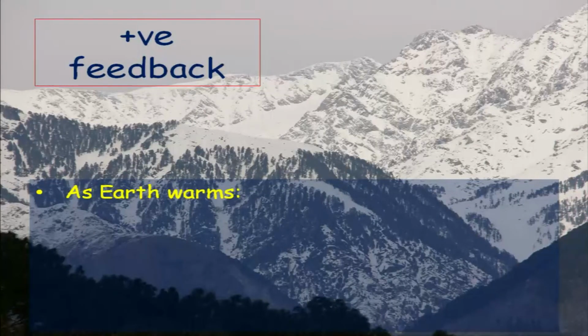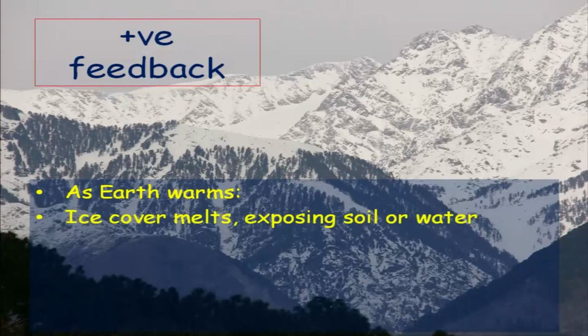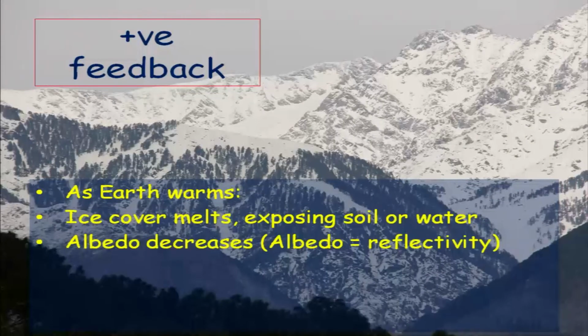The backdrop picture is of snow covered peaks from the Himalaya. If you warm the Earth, ice covers will melt and expose soil and water. Basically the soil in areas like the Himalayas, for example, and water in the Antarctic.